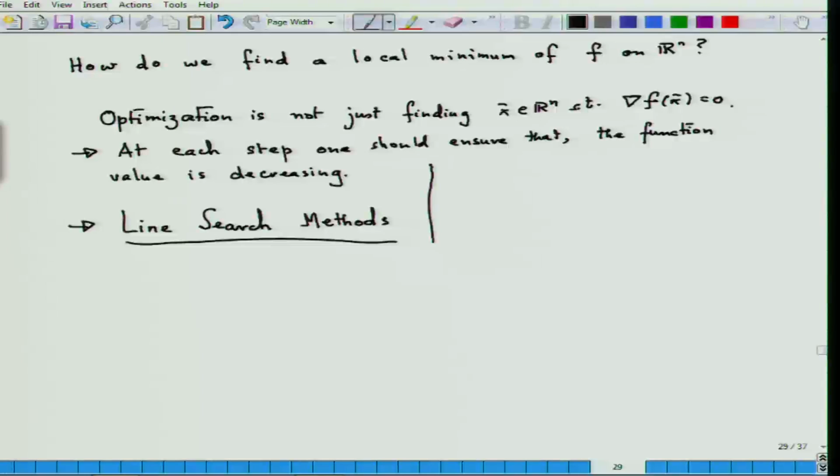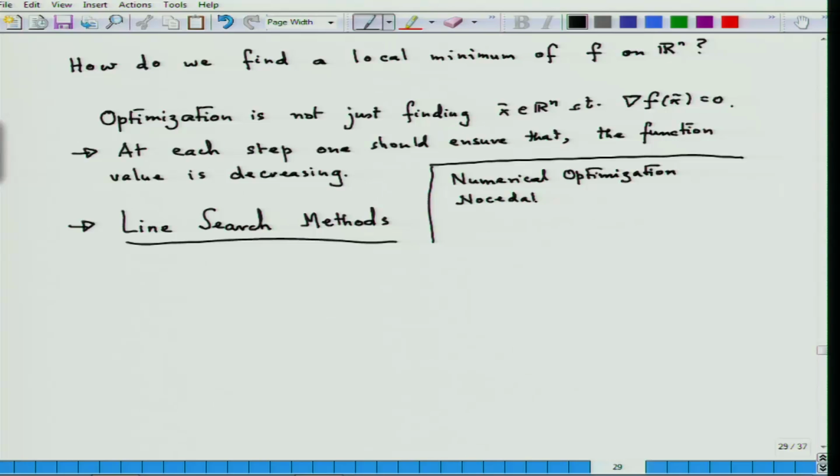There is another book called Practical Optimization by Fletcher, but it is more for a researcher rather than a student at the advanced graduate and graduate level. So, the name of the book is Numerical Optimization. And the beautiful thing is the Indian edition is available.